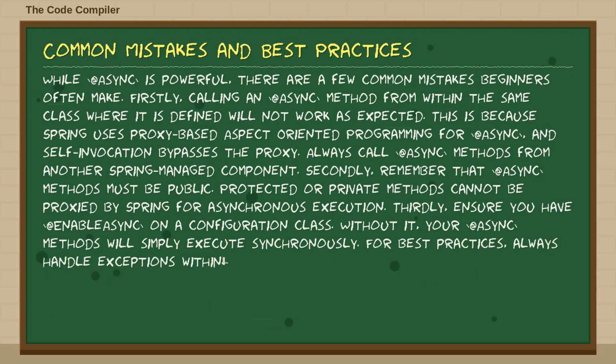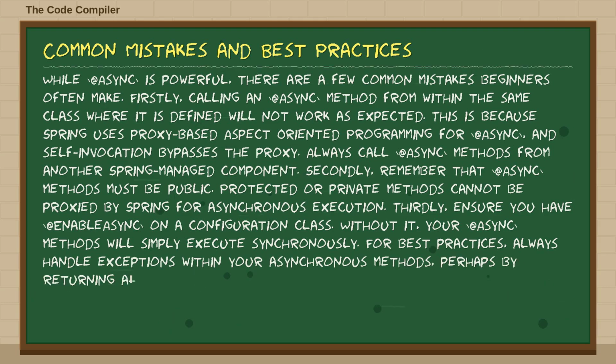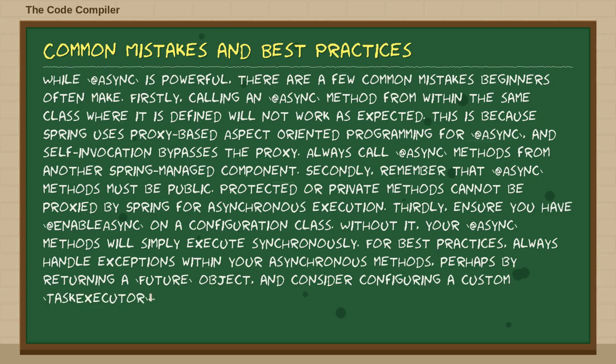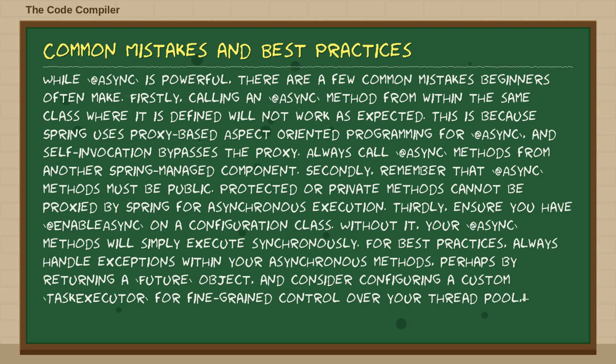For best practices, always handle exceptions within your asynchronous methods, perhaps by returning a Future object, and consider configuring a custom task executor for fine-grained control over your thread pool, rather than relying on Spring's default.